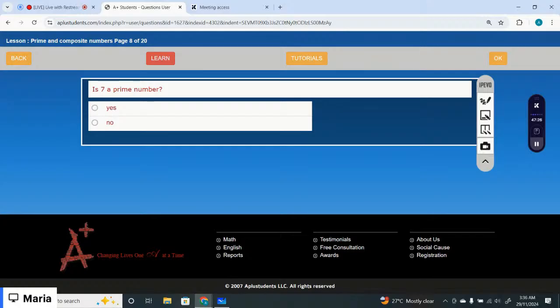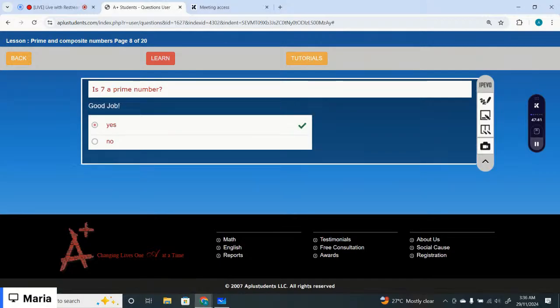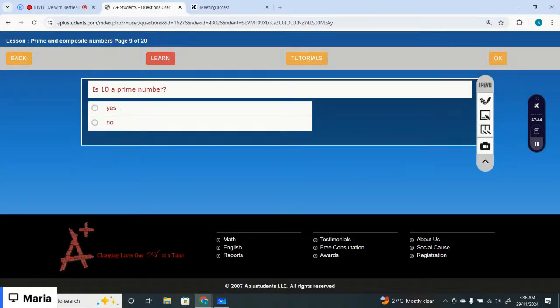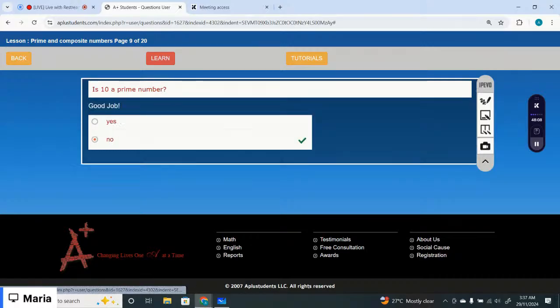Is 7 a prime number? The correct option is yes, 7 is a prime number, right? Is 10 a prime number? No, 10 is not a prime number. The correct option is no.